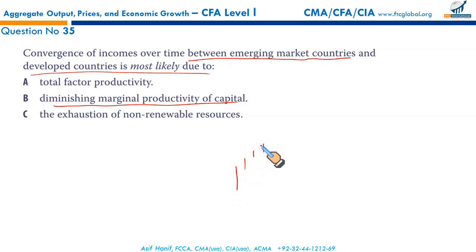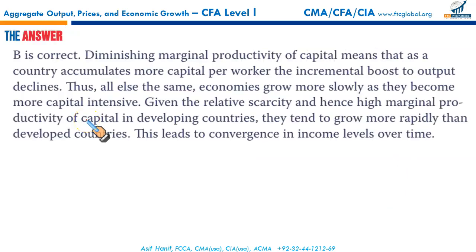Thus, all else being the same, developed economies grow more slowly as they become more capital intensive, and given the relative shortage and hence high marginal productivity of capital in the developing countries, they tend to show more rapid growth than the developed economies. This leads to convergence in income levels over time. So that makes B the correct option. And that ends your aggregate output, prices, and economic growth.